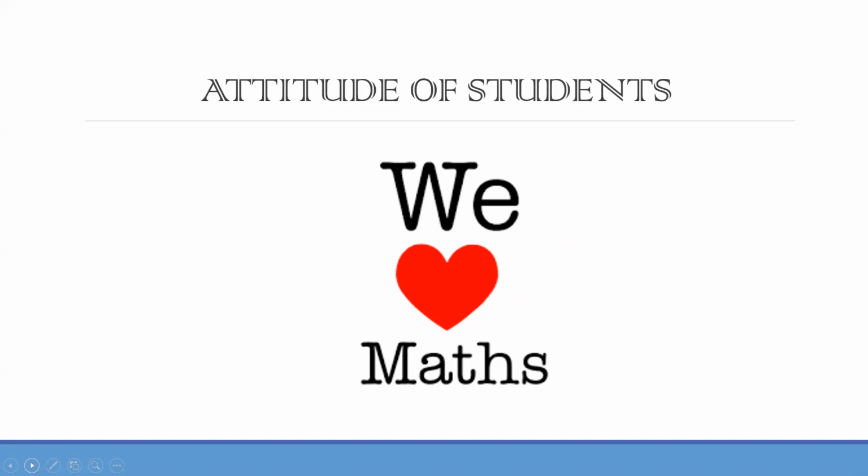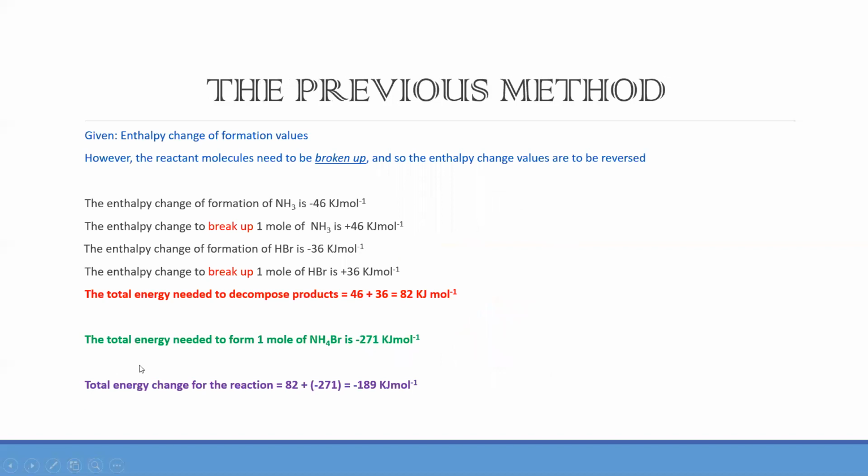But wait, so what method were you using before? Right. So the method from before was this real long drawn out method. This is what it used to look like. And they had to write these long statements and then try to figure out what the energy changes happening really were. Oh gosh, no wonder they're having trouble.